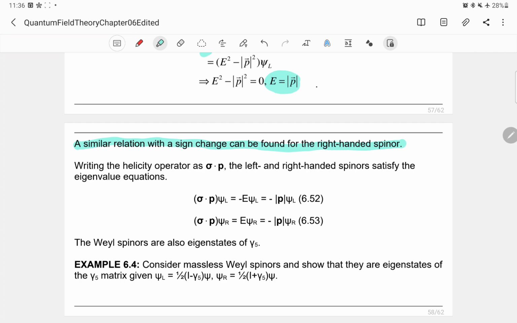So anyway, this is your solution with negative momentum. So writing the helicity operator as sigma dot p, the left and right-handed spinors satisfy the eigenvalue equations, which are given by this and this one.